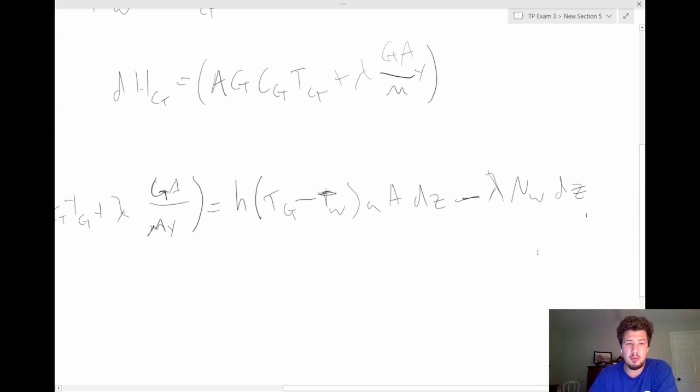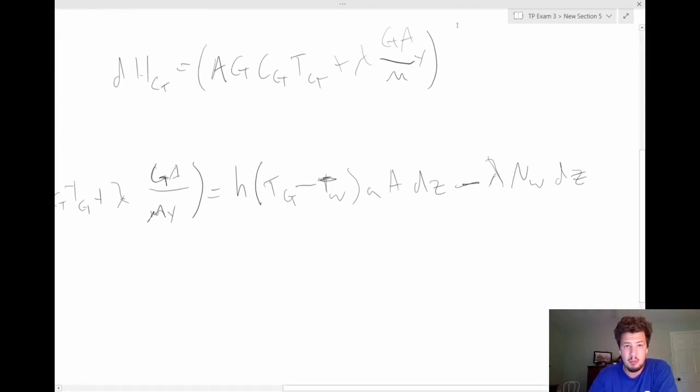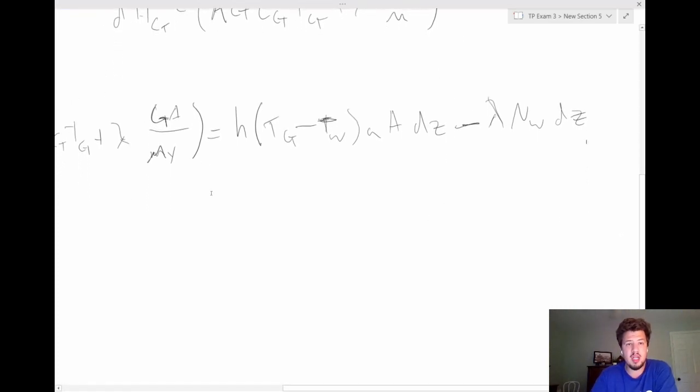Now we want to clean this up a little bit, and by just looking at this, we know that we can cancel out lambda G, or the heat of evaporation times gas flow rate divided by the molecular weight, and heat of evaporation times the molar flux. Because we have previously derived these, they do cancel out.